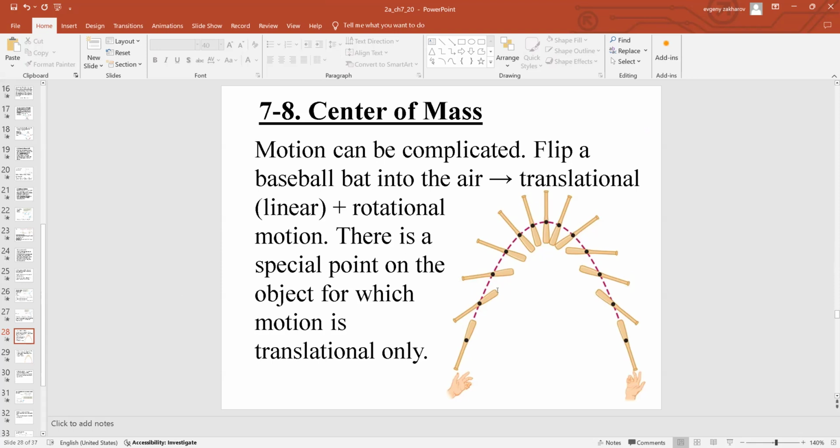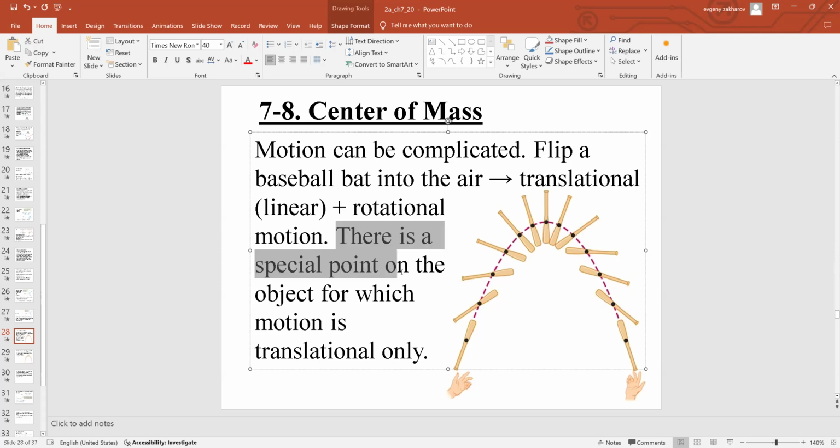Well, think about a baseball bat that you flip into the air, and you will see that the bat will move as a projectile, and it will also rotate during the projectile motion. So what we call the center of mass corresponds to a special point for which motion is translational.